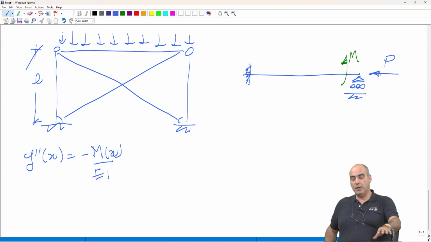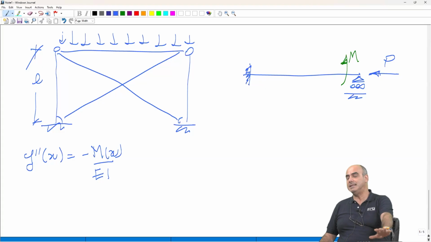Is this equation true also in this case? And if it's true, why? If it's not true, why? And if it's true, can you still apply it? Yes, why, no, why? So let's try to answer the questions one by one.